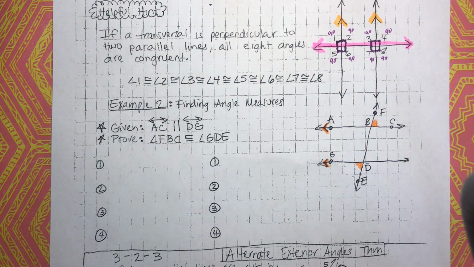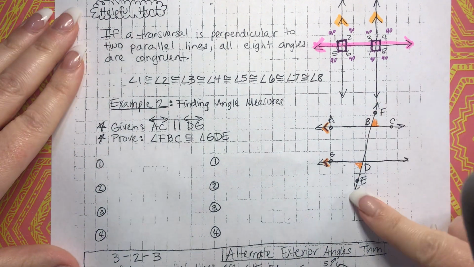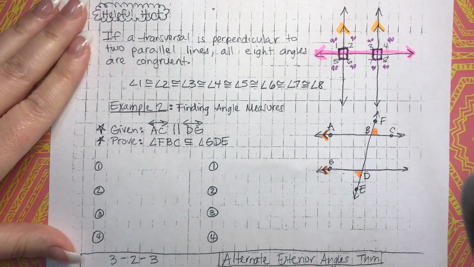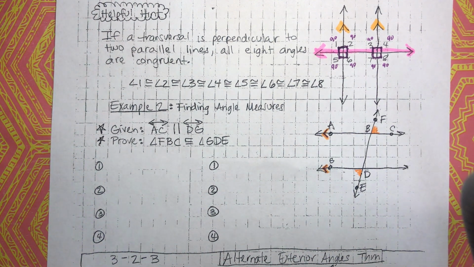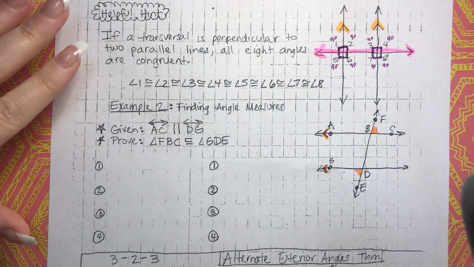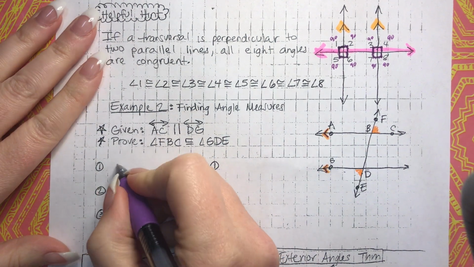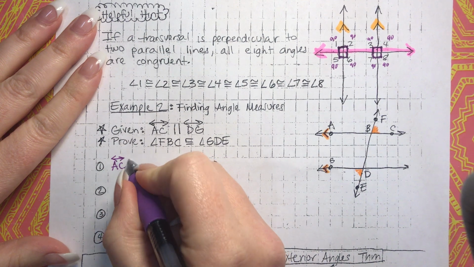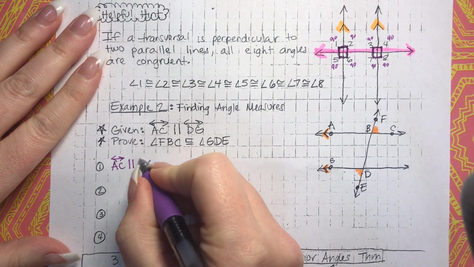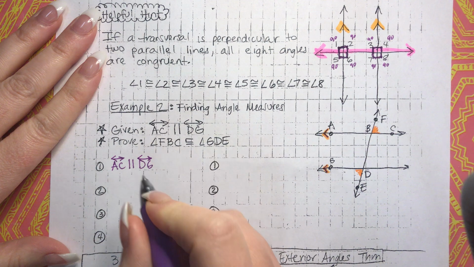Well, if you remember, if they're parallel and there's a transversal, then we know we can use the corresponding angles postulate. We know that all the corresponding angles are congruent. So that's super important. Okay, so we're going to write down this given information. We know that line AC is parallel to line DG, and that's just given.